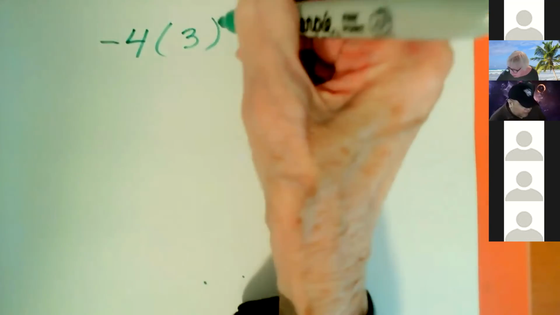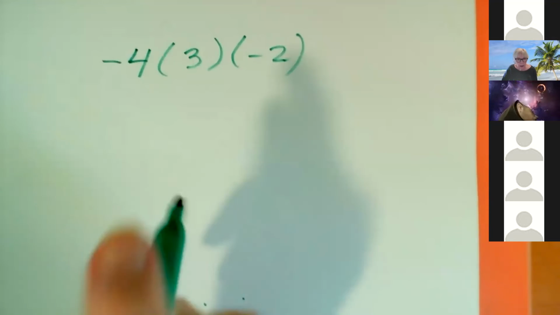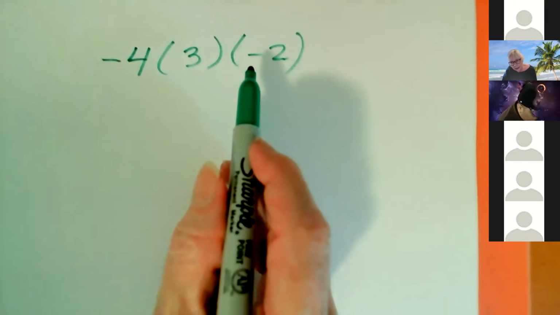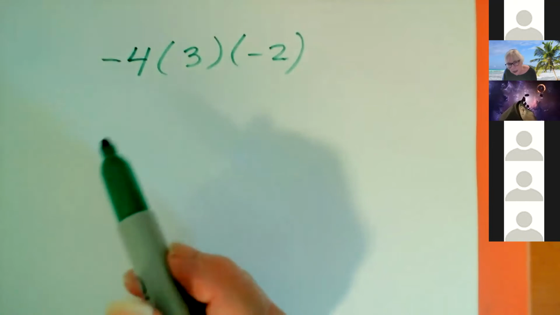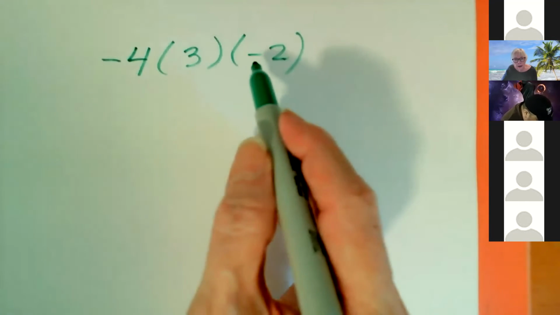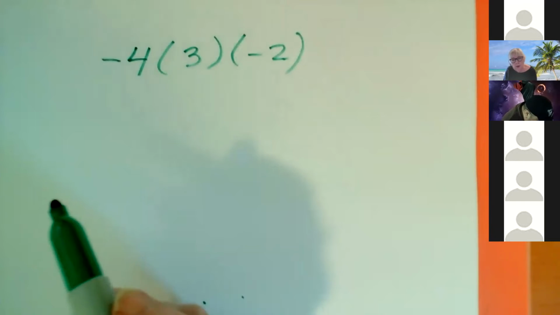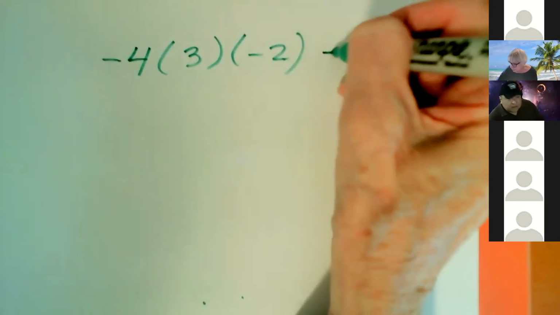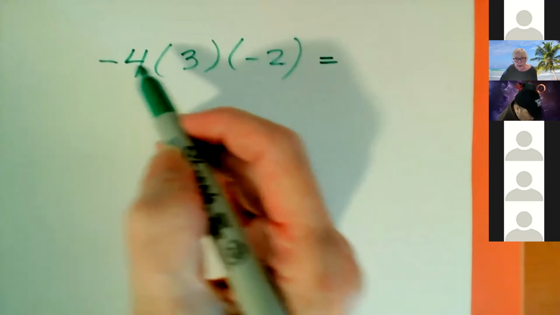So here's one, -4, +3, -2. So this is the multiplication deal. Notice I can count the negatives. Because there's times when I would give people credit for getting the right number, but the wrong sign. But what is the right sign? 1 negative, 2 negatives.